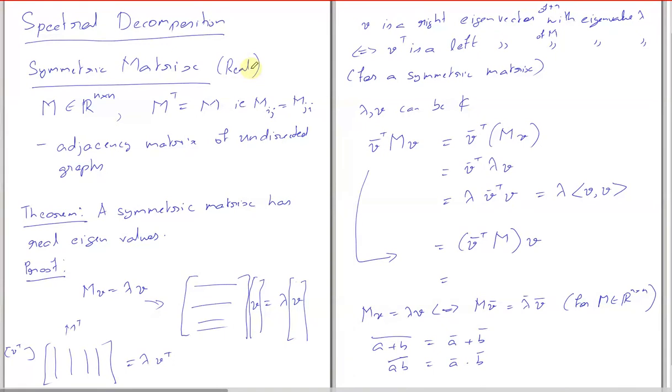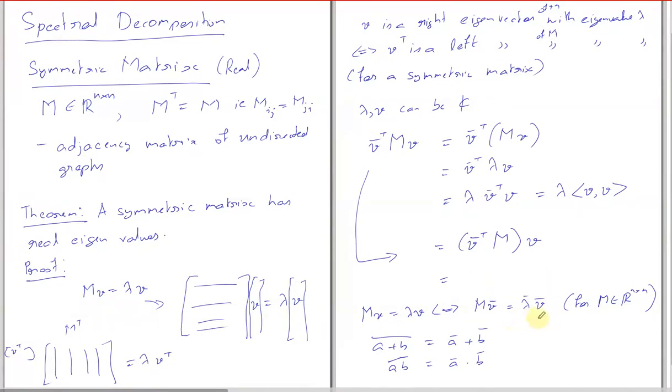Okay, fine. So now what should I write here? Sir, instead of M, we should write M transpose. I should write what? M V bar, the whole transpose in the bracket.